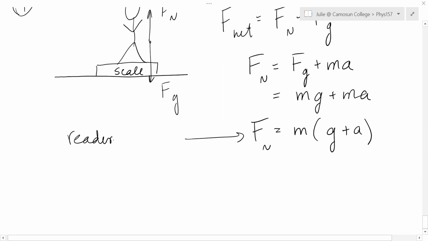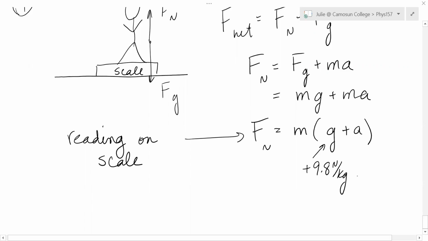Remember that it doesn't read gravity. Gravity never changes. But if you start jumping around on a scale, you can certainly change the reading. What you're doing by jumping around or riding in an elevator is changing the normal force, the force at which the scale pushes on you; you push equally hard on the scale. So this is the reading on the scale, Fn. Now this g is always plus 9.8 newtons per kilogram. That is the strength of the gravitational field.